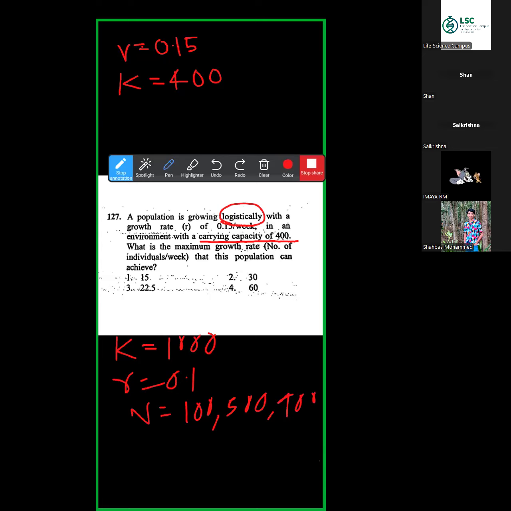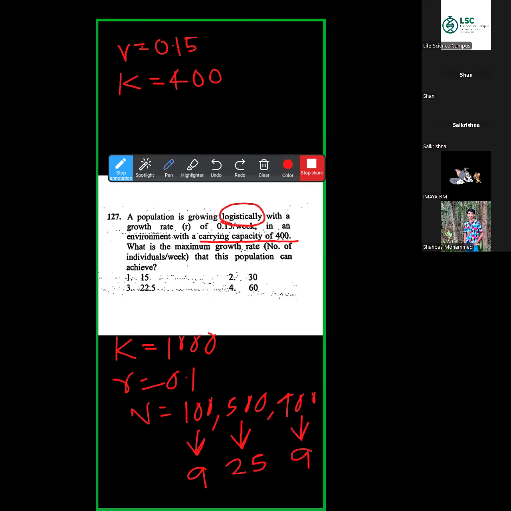Yes. So in this case, when the N value is 100, the population growth rate is 9. And when it is 500, population growth rate is 25. And when it is 900, population growth rate is 9.